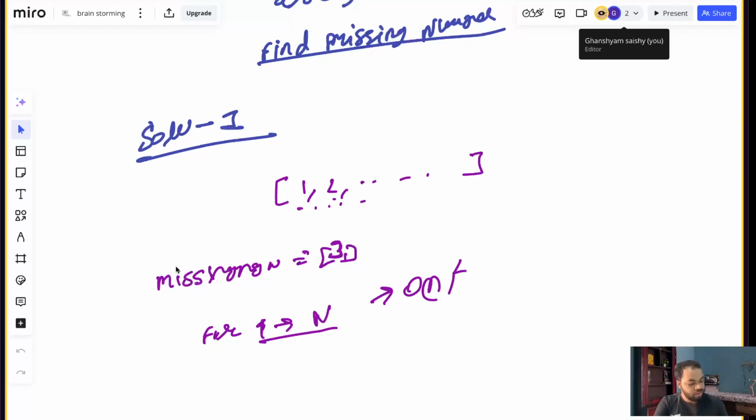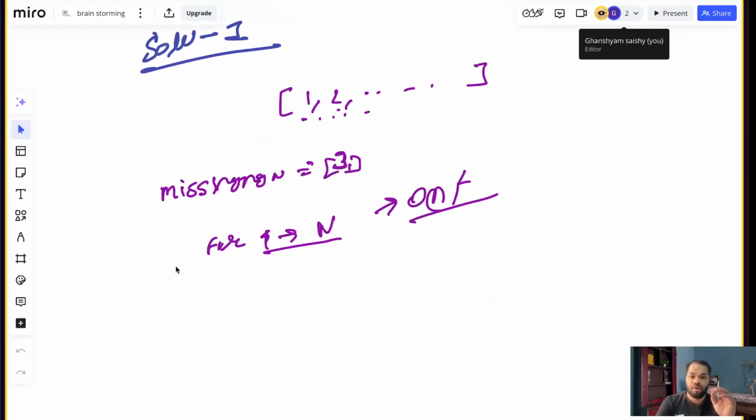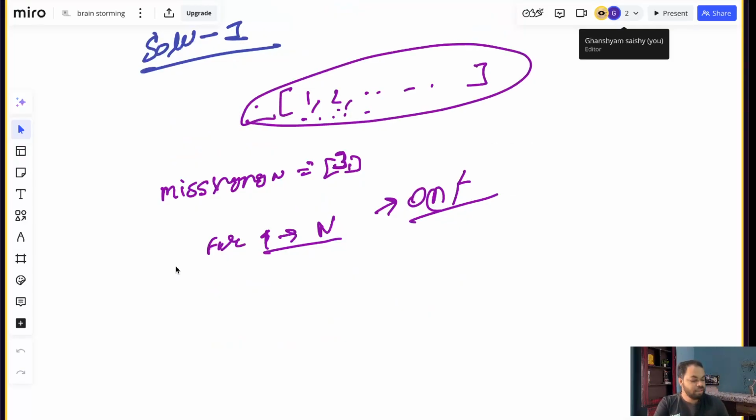But there is another way to do it, because we know all the numbers present in this particular array. It only has the range of 1 to n. So we can utilize that fact. Let's go to solution 2.